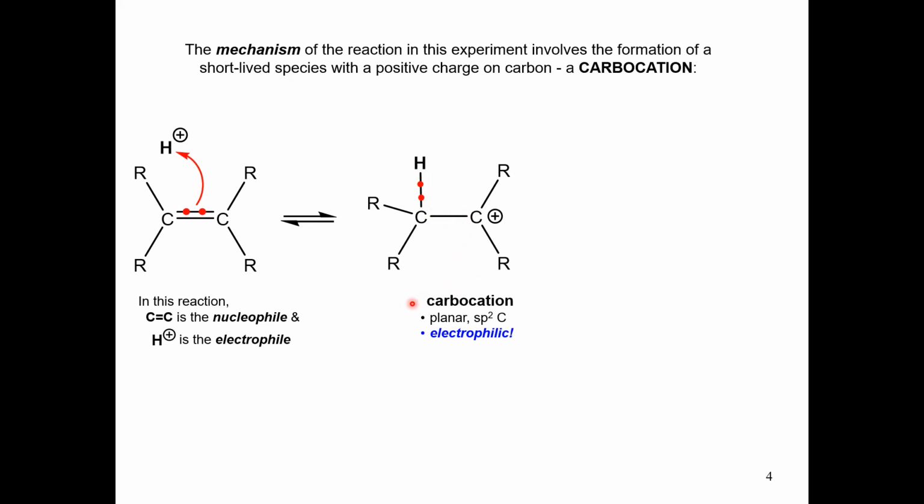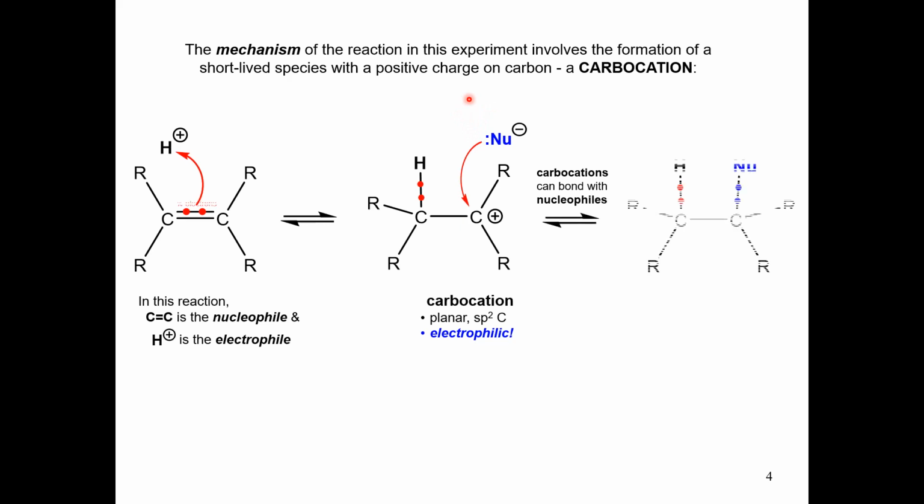The carbocation is a planar species, and the carbon is sp2 hybridized. It has an empty p orbital. Therefore, it's electrophilic, and it can bond with nucleophiles, as shown in this illustration. Here, the nucleophile has a pair of non-bonded electrons it's using to make a bond to the carbocation, and here is the new carbon nucleophile bond.